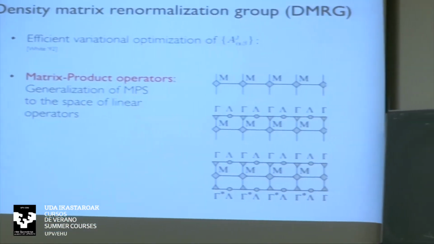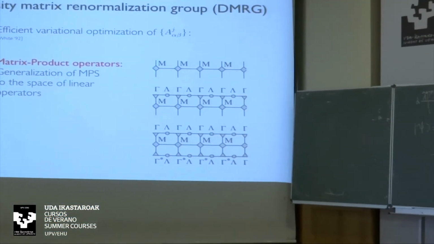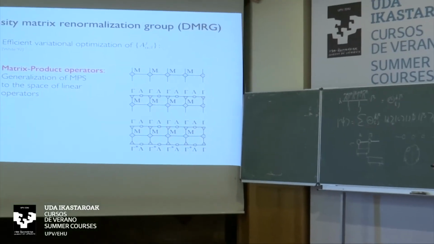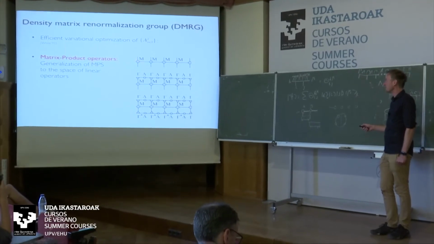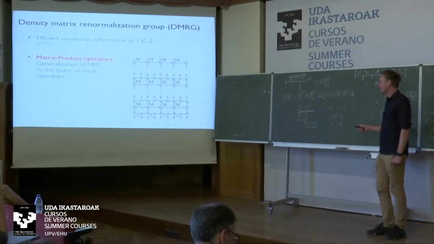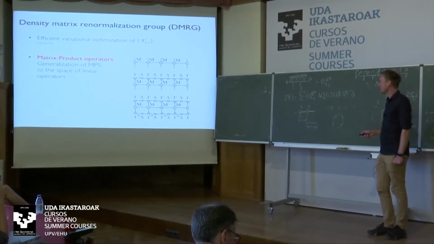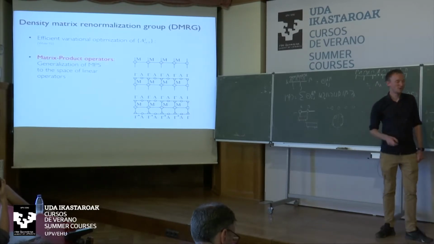But now assume that you have an operator acting on that Hilbert space. You can expand it in terms of matrix product operators, which means you now have one more leg sticking out of these guys. Conceptually, any operator acting on your Hilbert space can be expanded in a product of those matrix product operators.